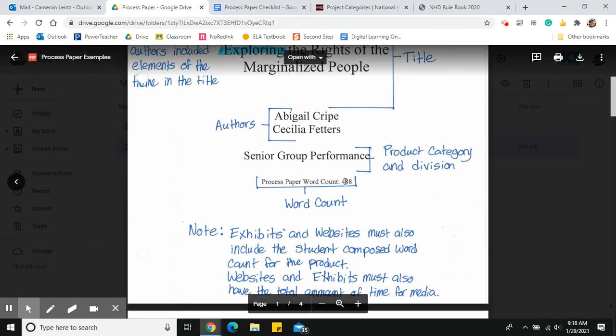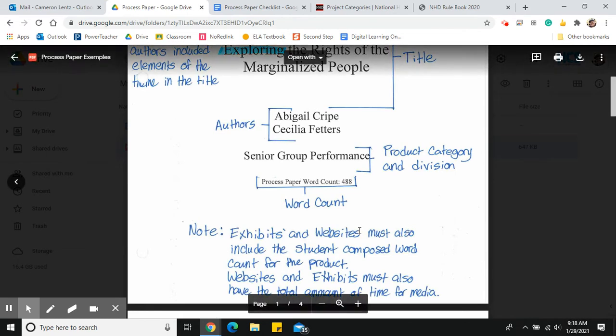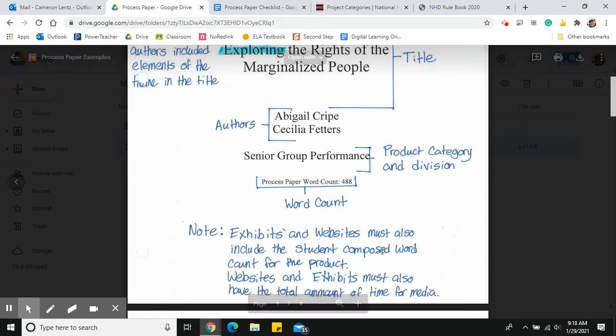And then they have a word count for their process paper. Obviously, they don't have a word count for their performance because that's not a requirement. But your process paper would also, like if you're doing an exhibit or a website, you would also include the word counts pertinent for those categories on your title page.